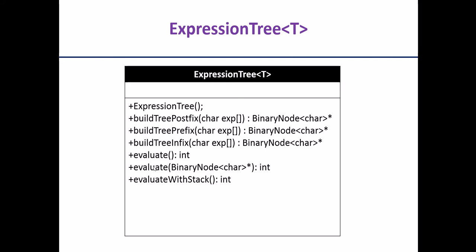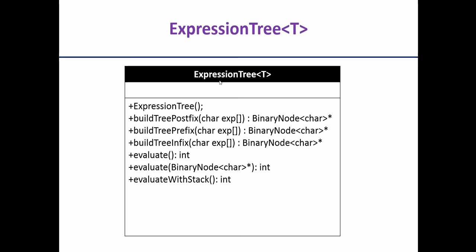These two functions use recursion to evaluate the tree, and the function evaluate with stack is not using recursion. Actually it is also a recursion, but we are using a stack, and in this case the system stack is used.